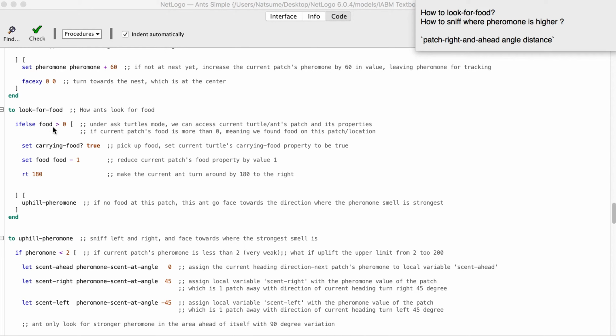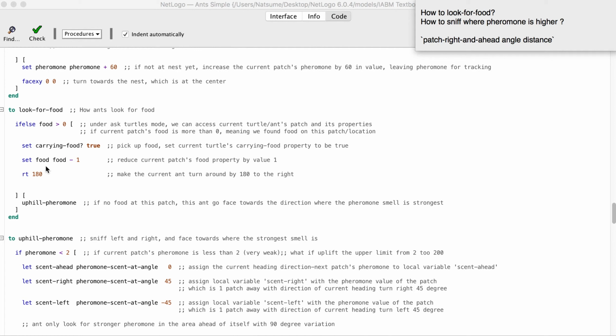If the food is found, then we change the property of the turtle called carrying food. Now the turtle has the property of carrying food, which sets this one to true. And on the patch where the turtle is standing, we decrease the food by 1 unit.